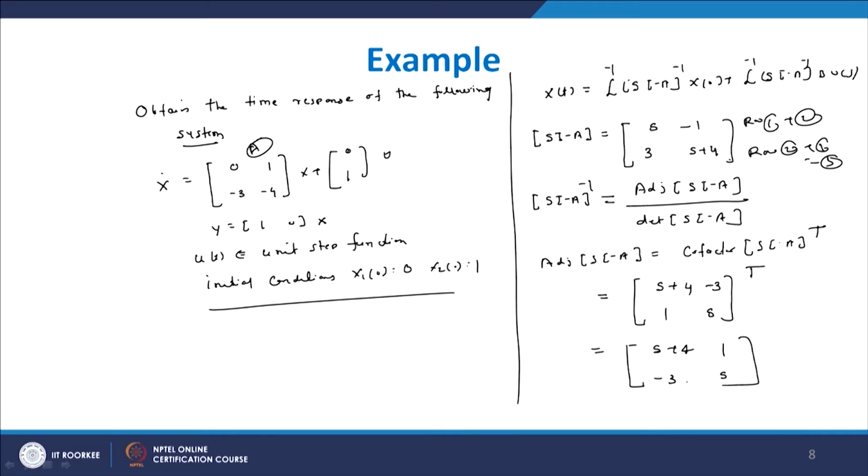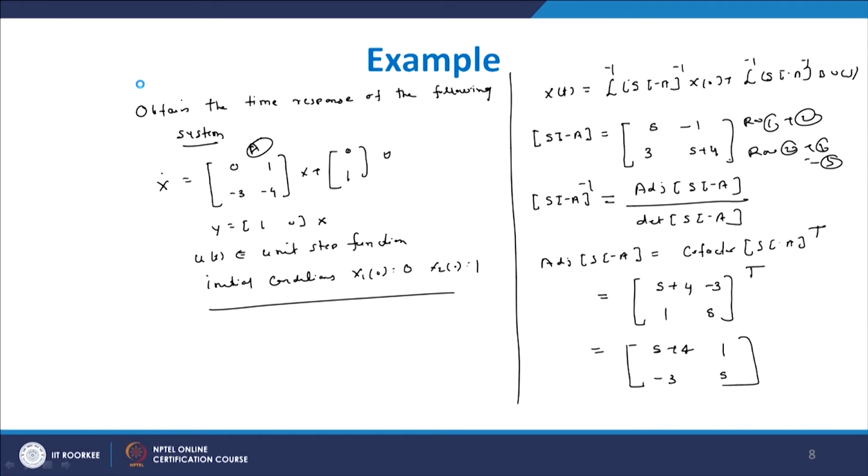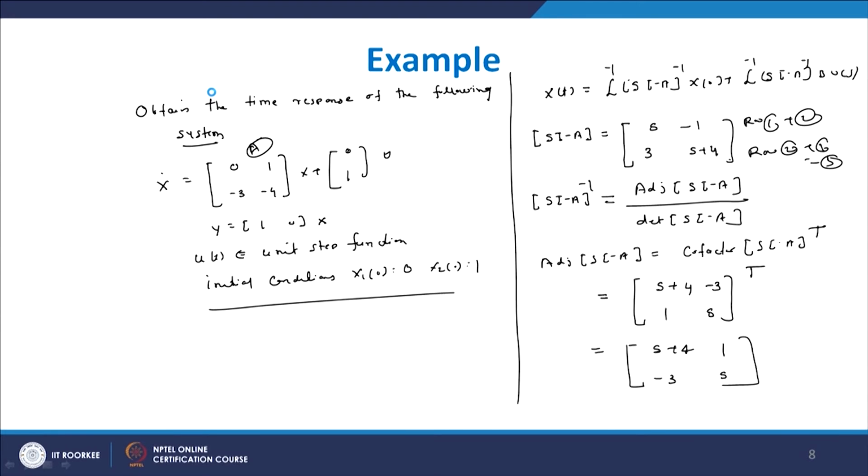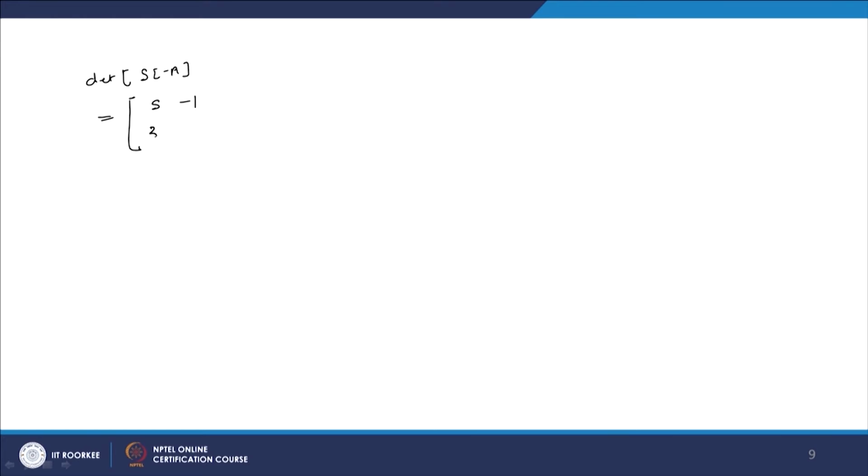Now, coming to the determinant of sI minus A. Just see here, it is [s, -1; 3, s+4].